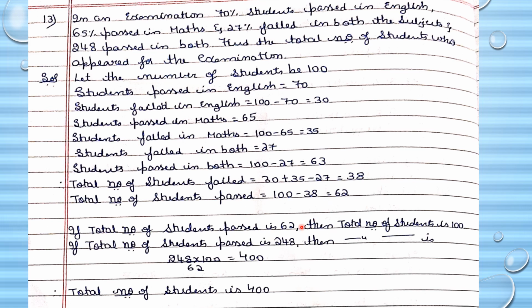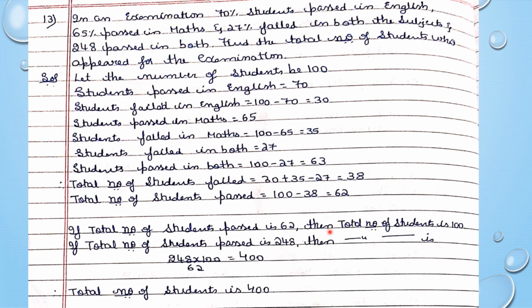So if the students passed is 62, then the total number of students should be 100. In the same way, if the students passed is 248, then find out the total number of students or the strength. So cross multiply: 100 into 248 divided by 62.